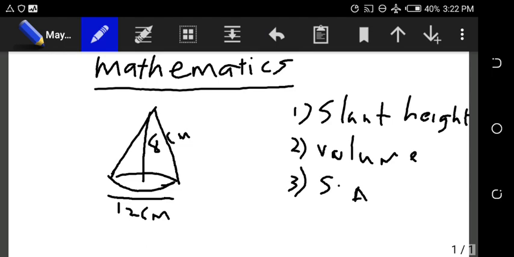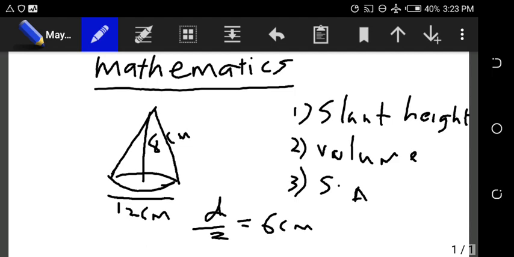That means that a radius is equal to diameter over 2. The half of the diameter is the radius. It means therefore that the value from here to here, which is the radius which we will need, we can easily get by dividing the diameter by 2. That will give us 6 cm as our radius.